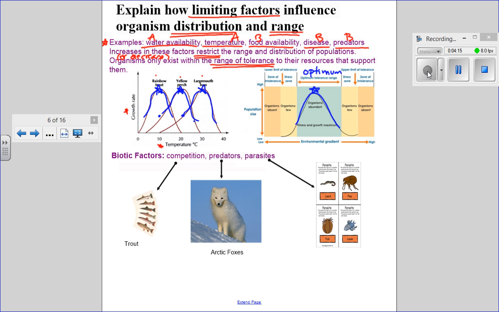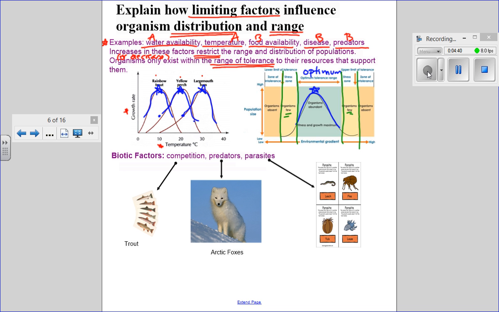Now when we get to the outside, we're going to enter this area here on the side. The line is quite low, but it's not non-existent. The idea here is that there are a few organisms. Some of them can tolerate this condition.